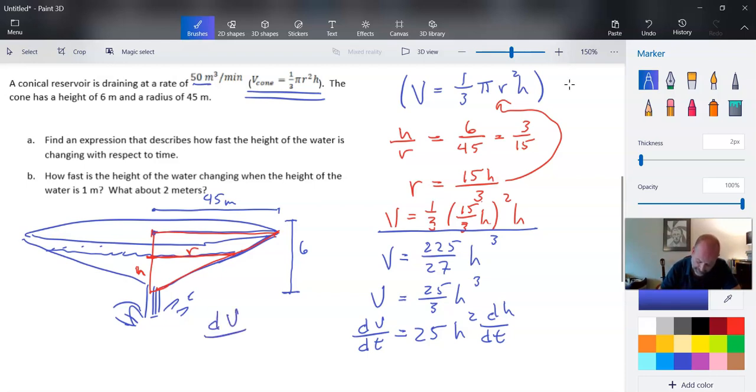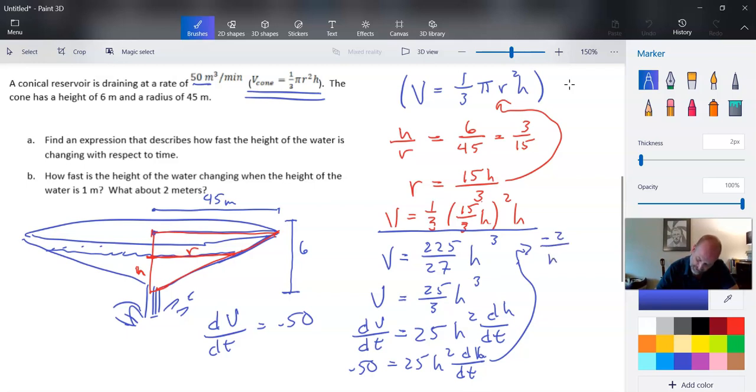Since it's draining, it's negative 50. So I end up with negative 50 is equal to 25h squared dh/dt. If I go ahead and simplify that, I'm running out of room real fast here, that gives me negative 2 over h squared is equal to dh/dt, right?